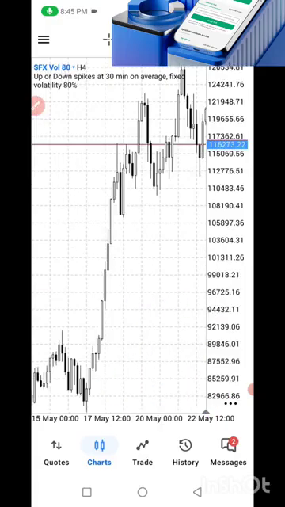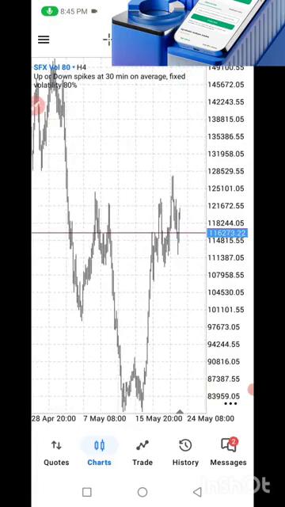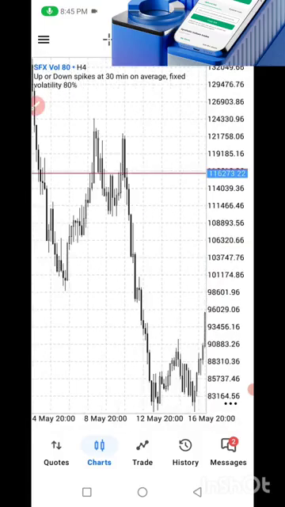I'm going to use a couple of assets. After this asset, I'm going to check other assets as well, like Philip Indices.